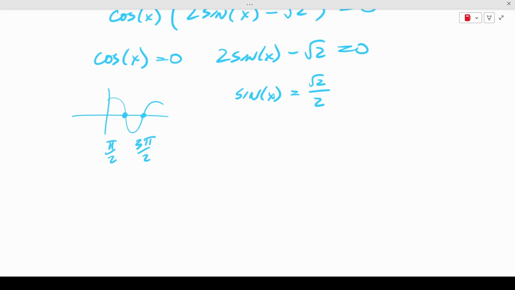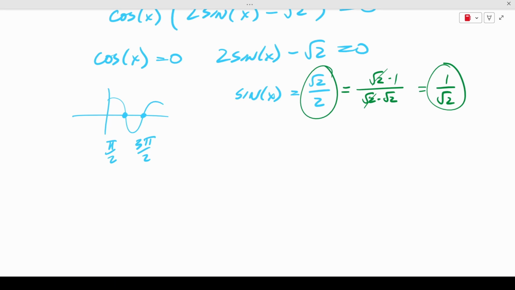So root 2 over 2 is the same thing as 1 over root 2. How is that? Well, this is the same as root 2 over root 2 times root 2. Root 2 times root 2 is 2. And then we could divide top and bottom by root 2, getting 1 over root 2. Okay, this and this are identical.